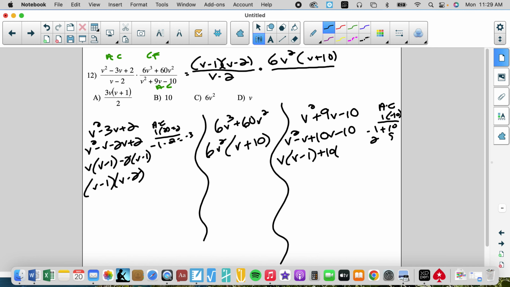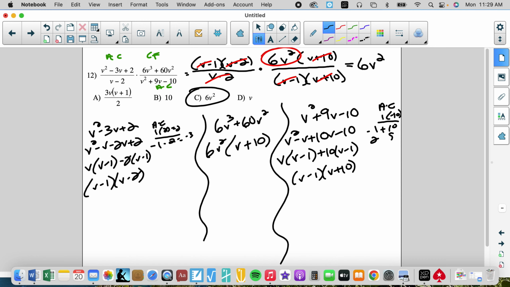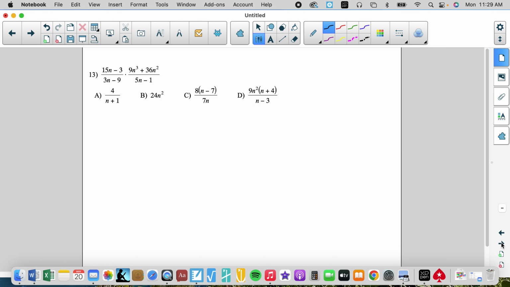Factor out positive 10, v minus 1. V minus 1, v plus 10. V plus 10 cancel, v minus 1 cancel, v minus 2 cancel, and we're just left with 6v squared. So C, yeah, perfect. These are good. We like these.